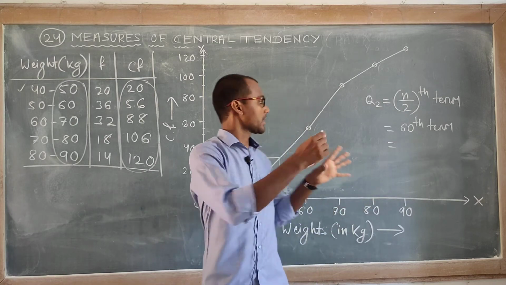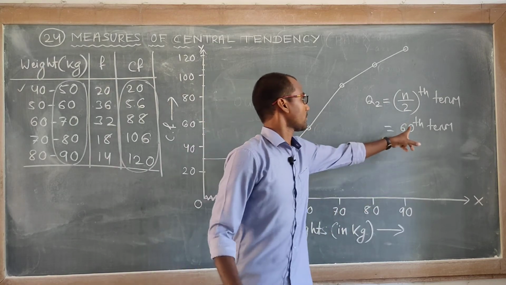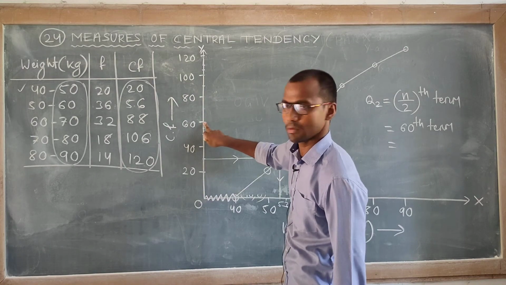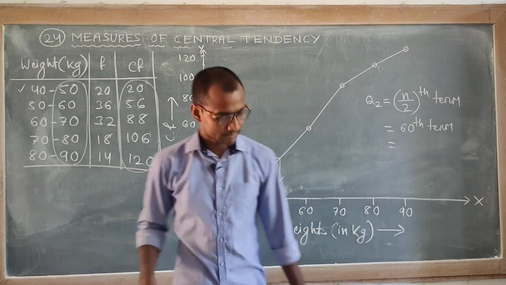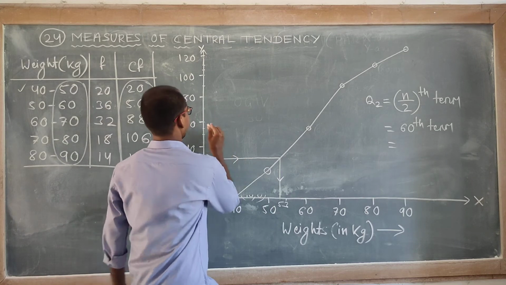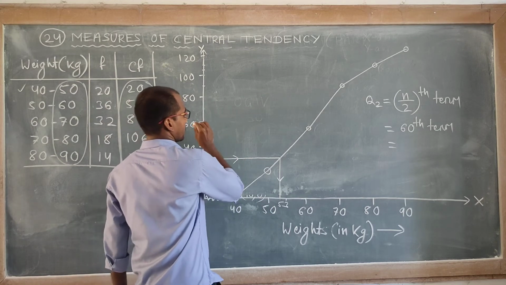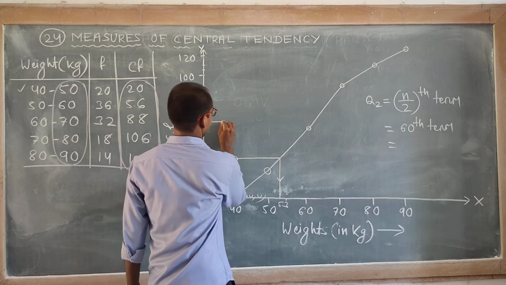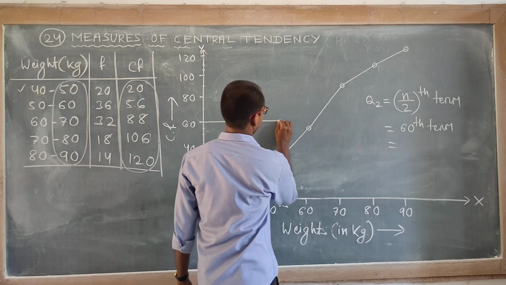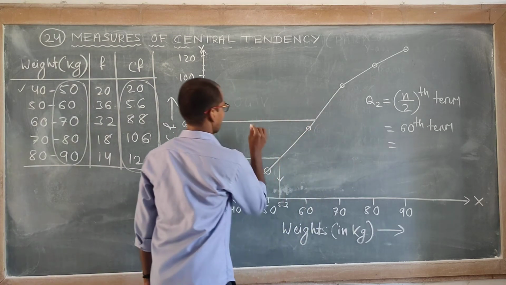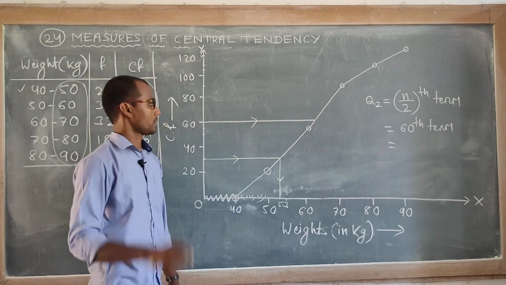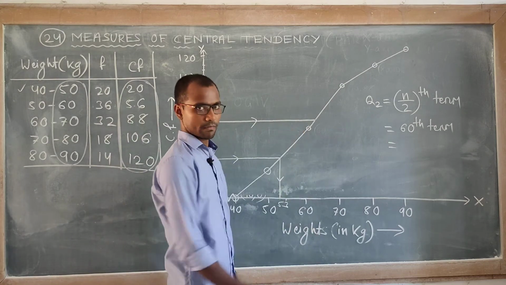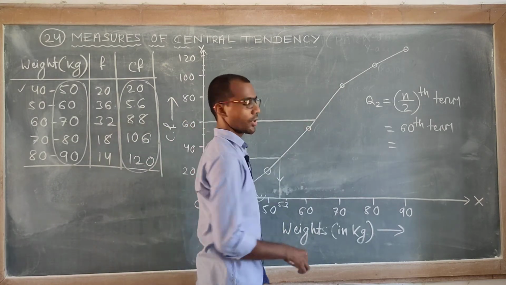But what is his exact weight, that we cannot see. So we will need graph paper again. 60th term, again cumulative frequency. Start from the y-axis, 60. Again do the same. From 60 draw a horizontal line to meet the graph. It should be a dotted line. Then from the point where it meets the graph, draw a perpendicular on the x-axis.